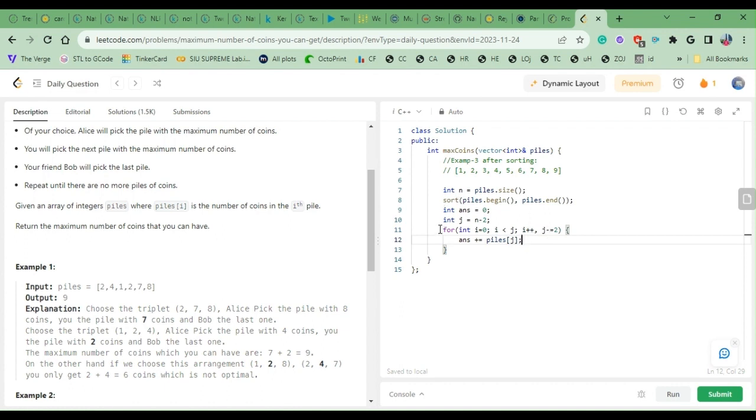So now we iterate this loop over the files array, and it will sum the value of files at the jth position. And when will it stop?